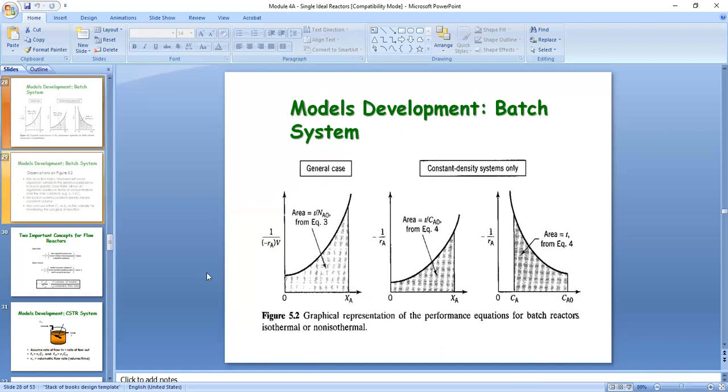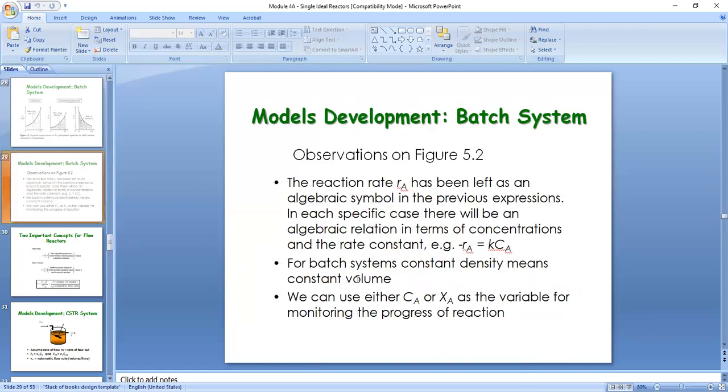Now from figure 5.2 in here, these are the important principles that you need to take note of. The reaction rate RA has been left as an algebraic symbol in the previous expressions.